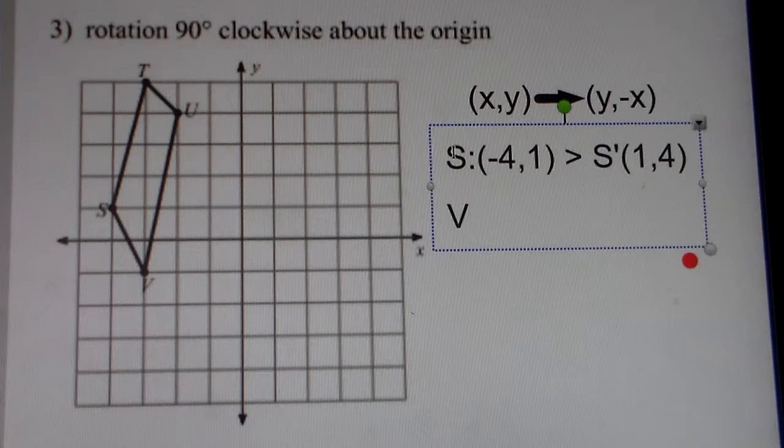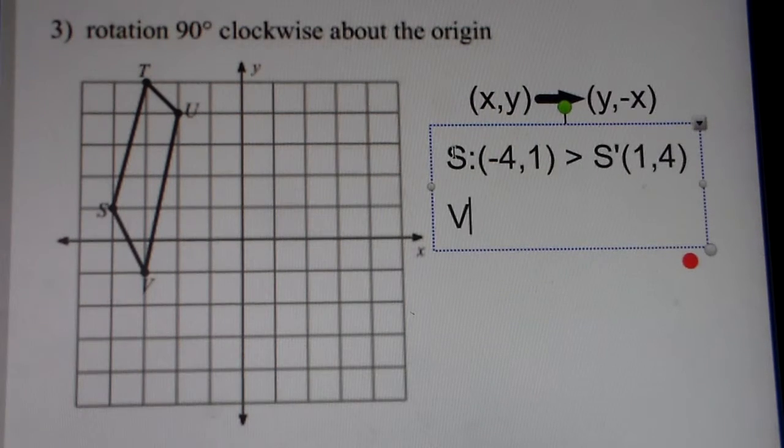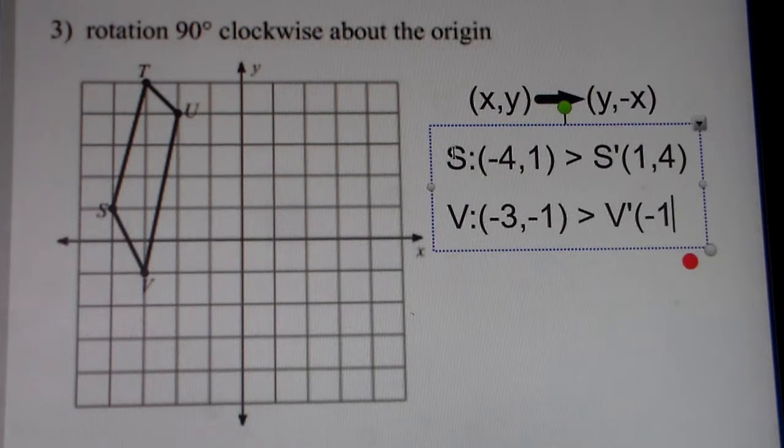My V, the one down below, is 3 to the left, -3, comma -1 because it's 1 down. V prime, we flip-flop them, so now -1 comes first.